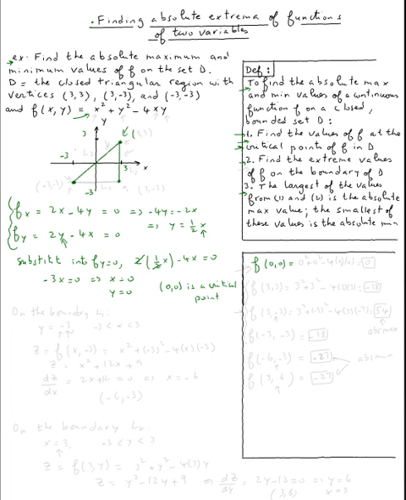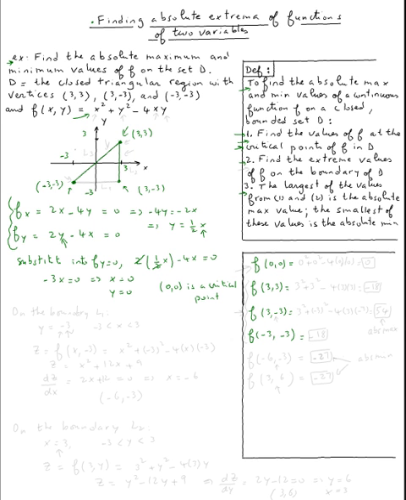This point happens to be (3, 3), this point will be (3, -3), and this point will be (-3, -3). So we need to evaluate the function at all these points: f(3, 3), f(3, -3), and f(-3, -3).